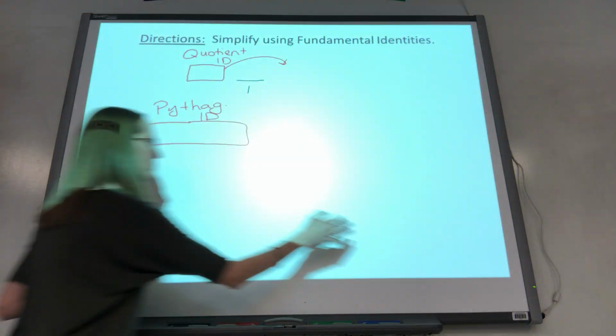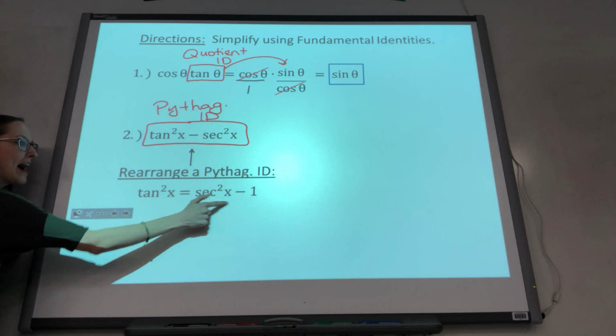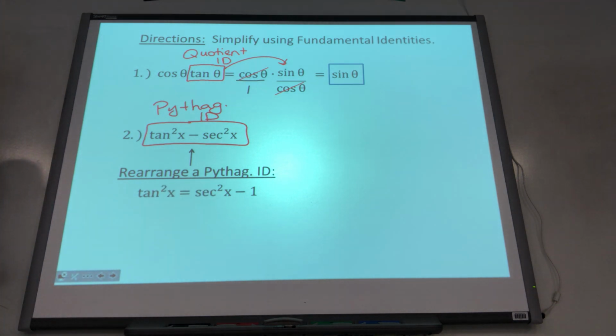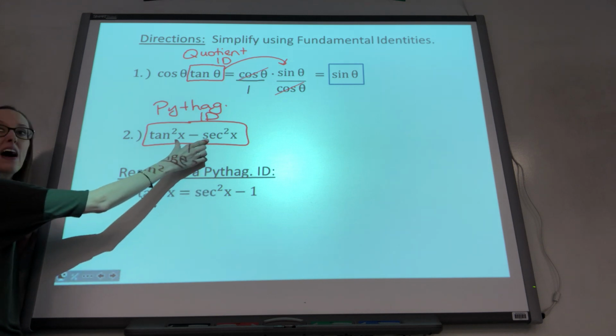I'm going to take that second Pythagorean identity. You might want to write this part down in your notes. And I'm going to rearrange that so it matches up to what I'm actually needing in this problem. I need tangent squared minus secant squared. So what could I do to this equation to get it in that order?